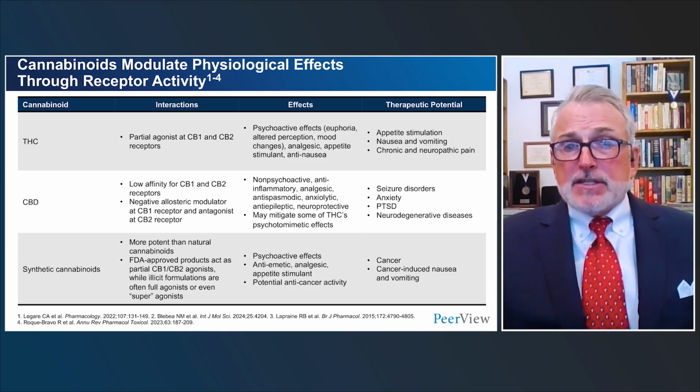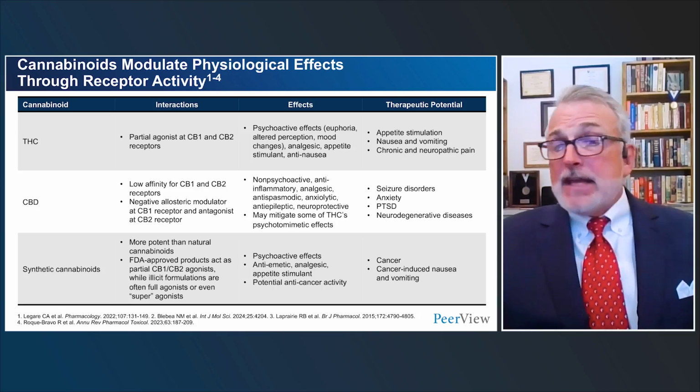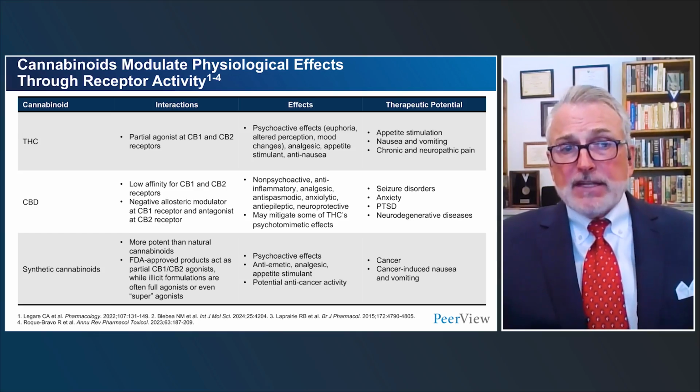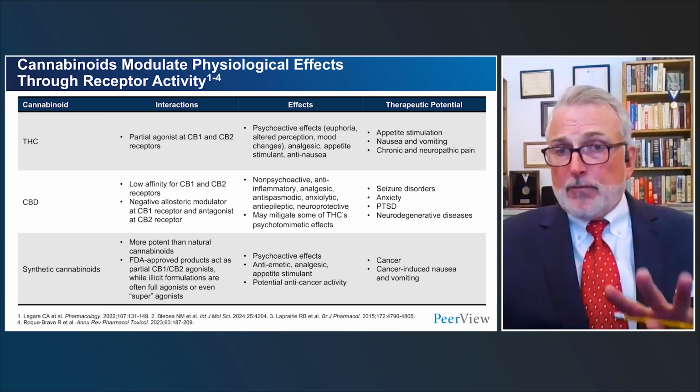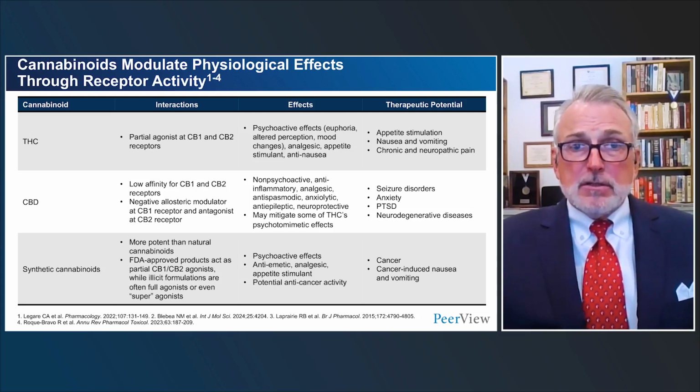Delta 9 THC is an agonist, an activator of the CB1 and CB2 receptors. It has obviously psychoactive effects. THC is responsible for the euphoria in recreationally used cannabis.